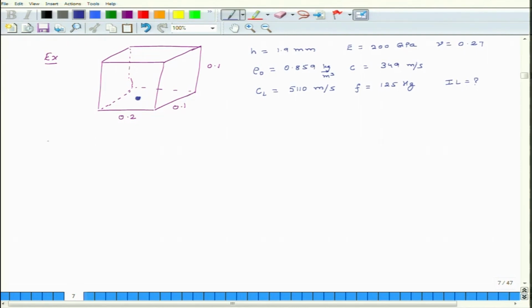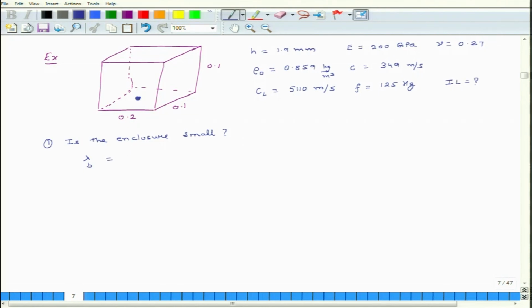So, the first thing we check is, is the enclosure small? The first condition is that bending wavelength should be more than the largest dimension of the enclosure.